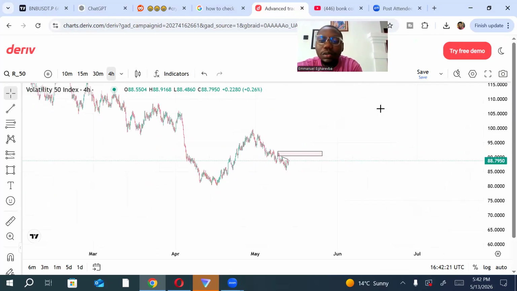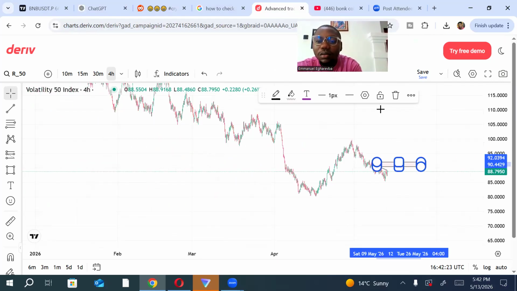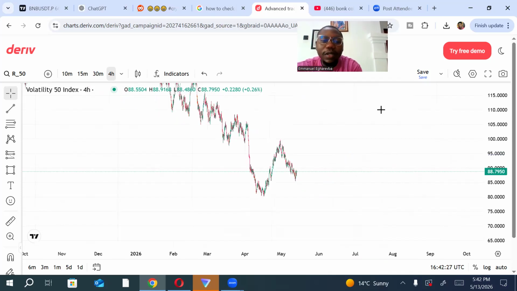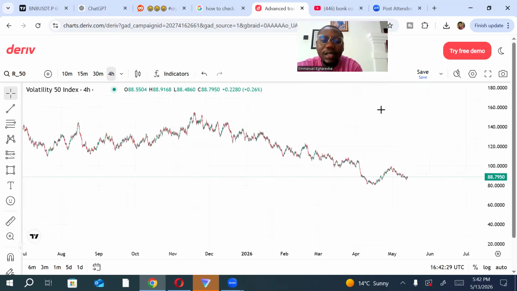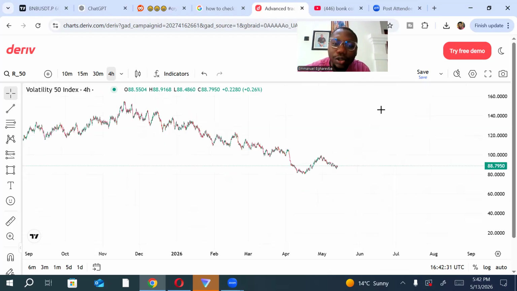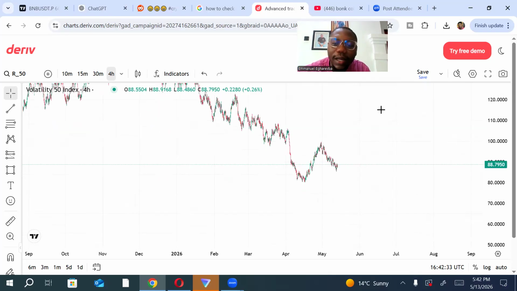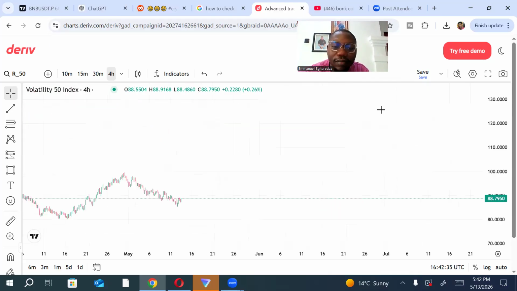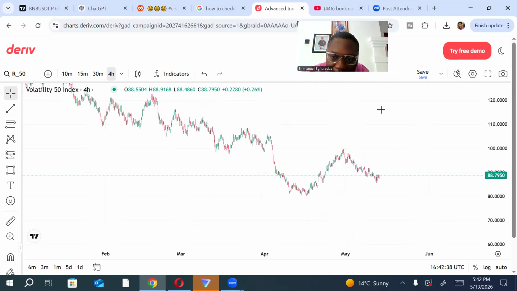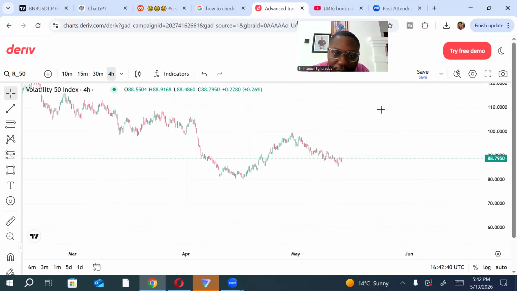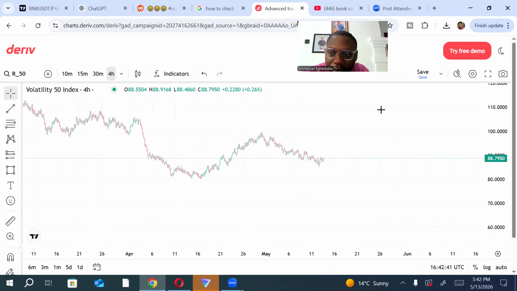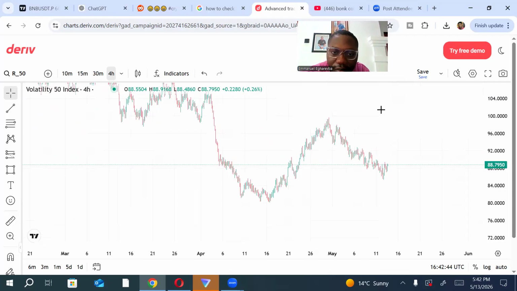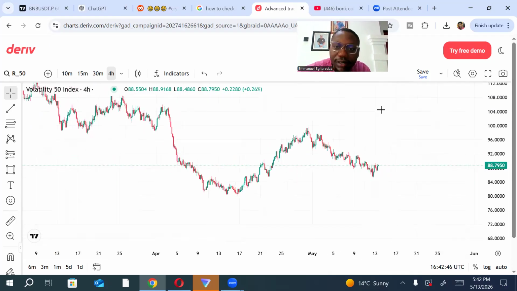Let me remove these ones. Show the current price action or the entire trend. Just show it like this. I think this is good enough, because the current trend and the existing trend must show.